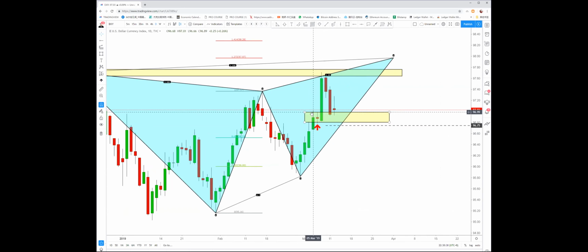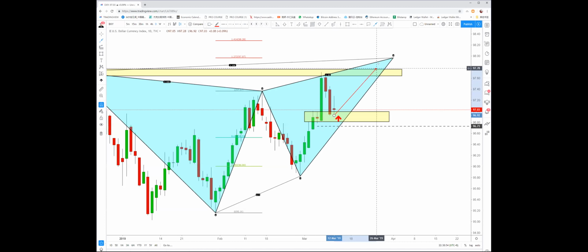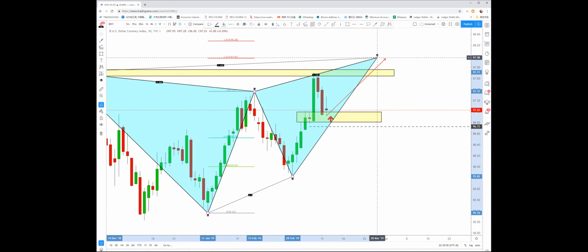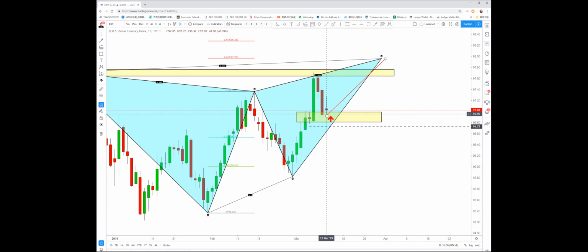Because the two candles cannot break 96.99, and there is a strong candle going up. Now it's retested, so you can buy now, with the stop loss set below this small candle. You can aim for the butterfly completion point. All right, so this is the first trade.